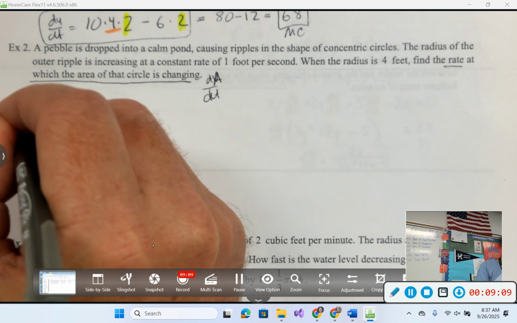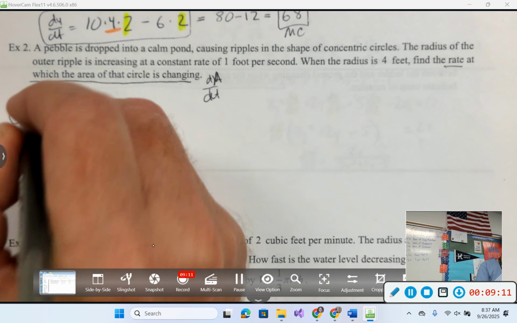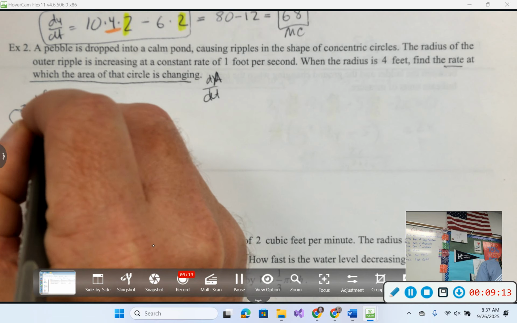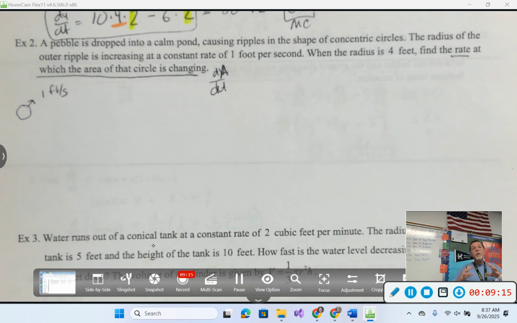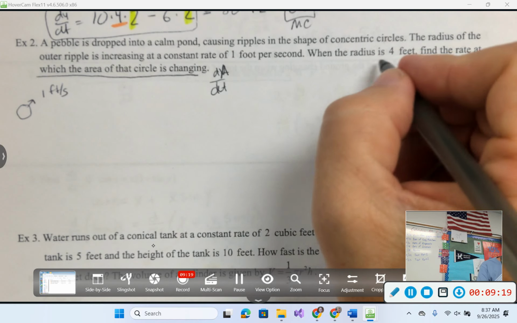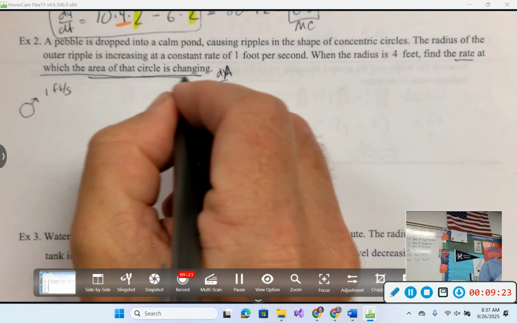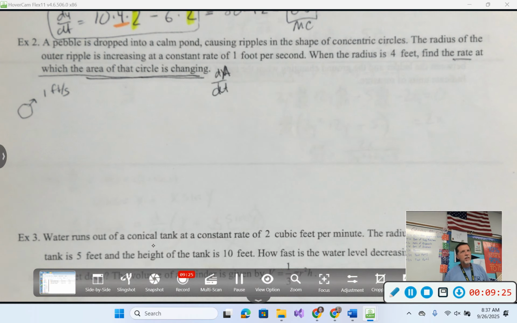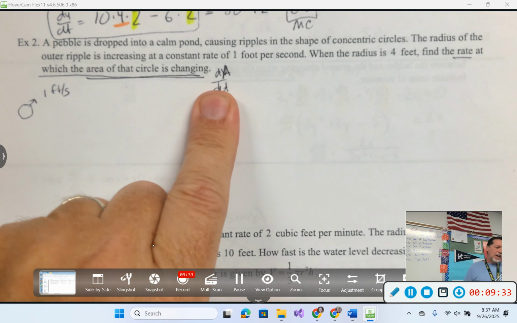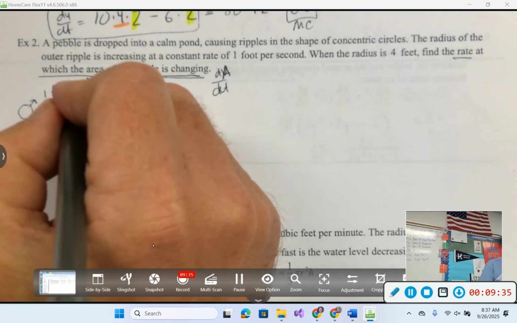Right, I'm just trying to visualize this. So that outermost circle, the radius is getting bigger at 1 foot per second. When the radius is 4 feet, find the rate at which the area of the circle is changing. So it's obviously getting bigger, and the r is expanding at 1 foot per second, but we want to figure out how fast the area is changing.